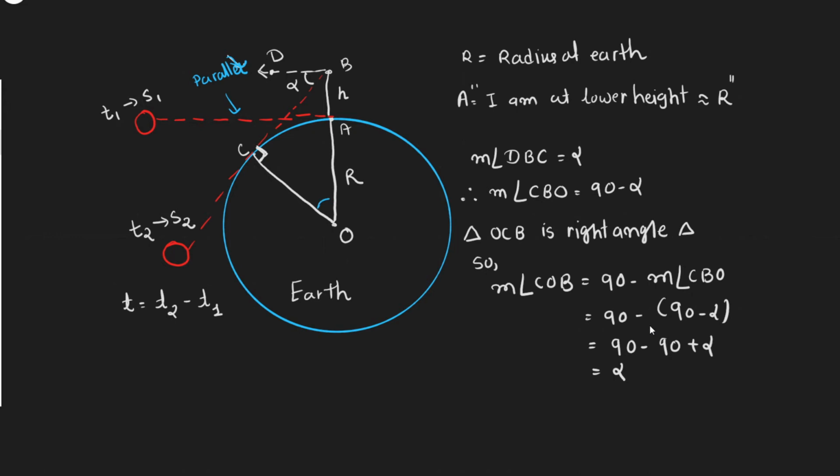So the value of COB will become alpha. So right now we need to find out alpha, and to do that, the value of OB will become R plus h, and the value of OC is R.